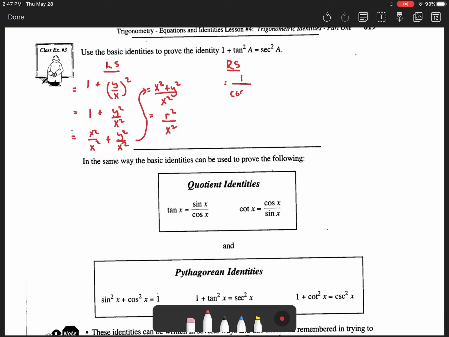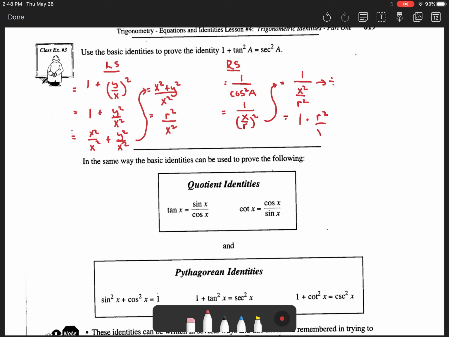So on the right-hand side, I have secant squared of a. Well, that is equivalent to 1 over cos squared of a. That's the reciprocal. So therefore, this is 1 over, and we know cosine is always x over r, so this is x over r all squared. So this will become 1 over x squared over r squared.